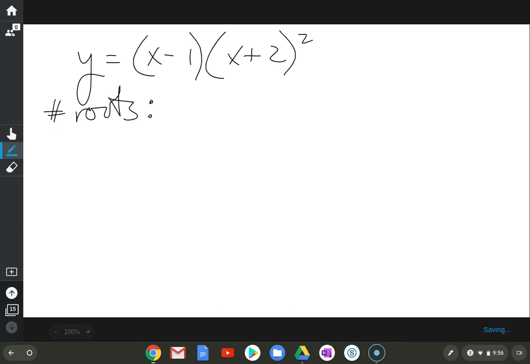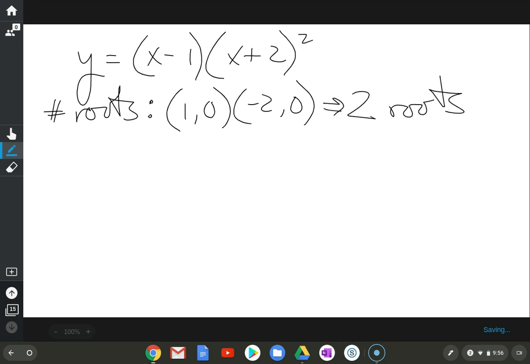Well, technically, this has a root or an x-intercept at (1, 0) and (-2, 0). So it has, therefore, 2 roots. However, it's not a quadratic. How do we know it's not a quadratic? Because we have an x times an x, but this x is being squared. So this is actually a cubic function with only 2 roots.